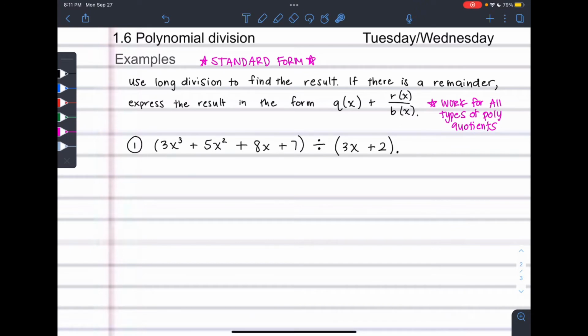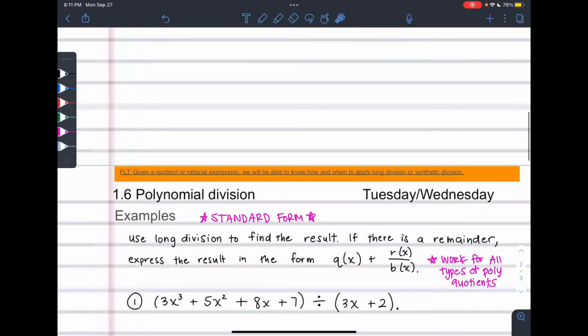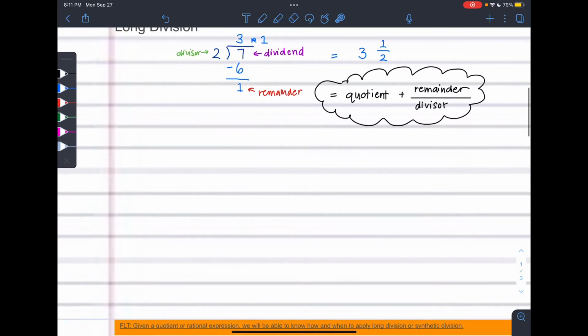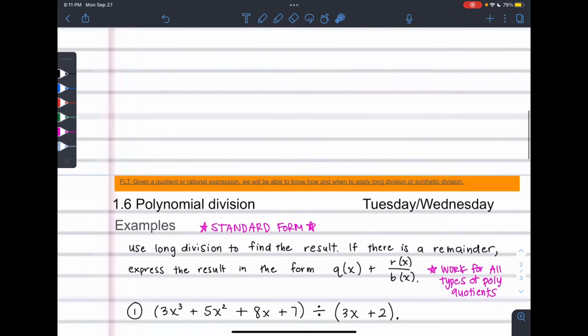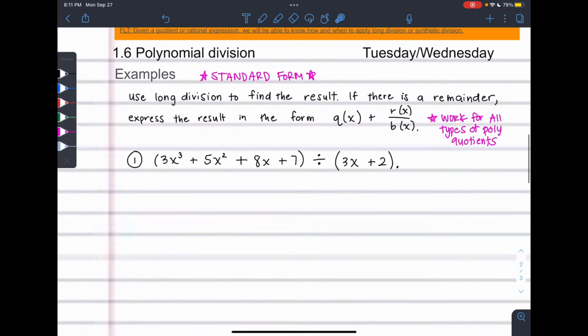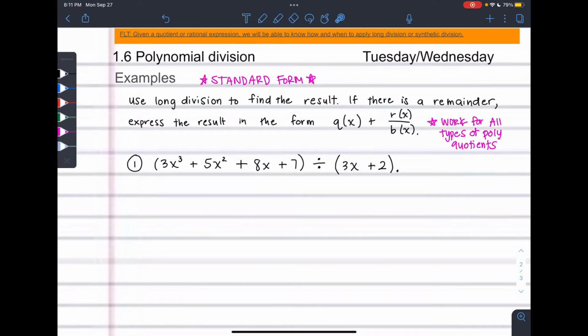Okay, this just means rewrite it similar to how we wrote it above. The quotient plus the remainder over the divisor, which is that number on the left, or polynomial on the left. Polynomial division does work for all types of polynomial quotients, so it is going to be important to note that moving forward.